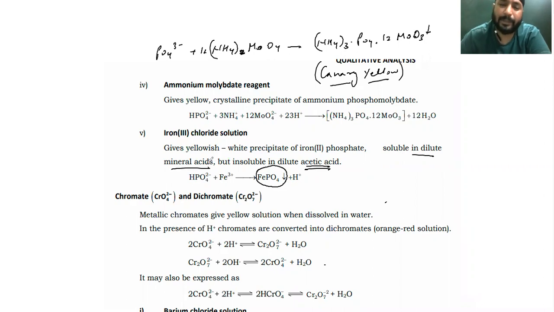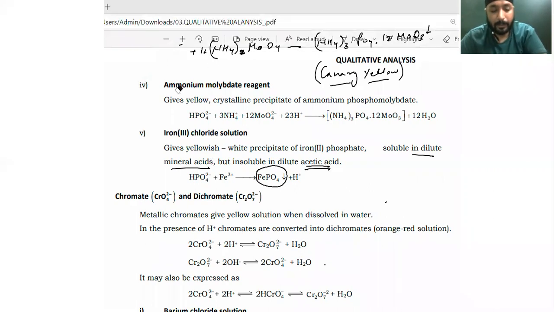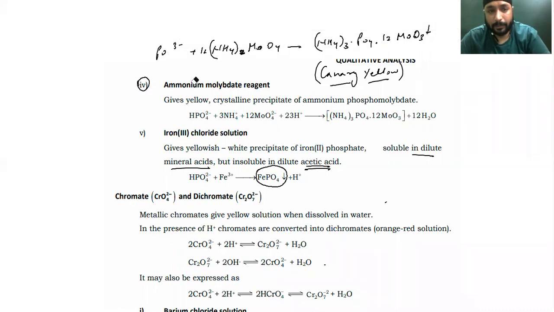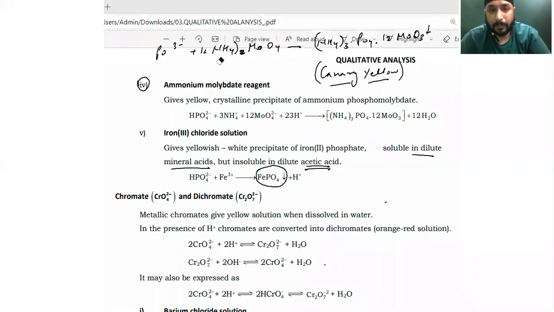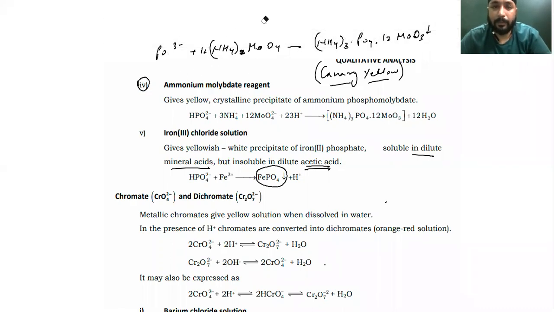For example, it is soluble in HCl. Getting it? But the important phosphate reaction is the ammonium molybdate one. Repeating it again, it's very important. Okay, we'll move ahead now.